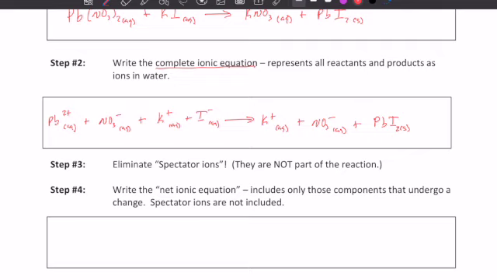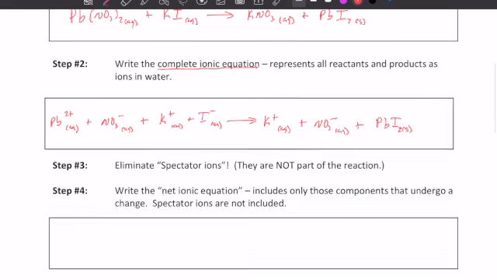So it says now we're going to write what we call the net ionic equation. It includes only those components that undergo a change. Spectator ions are not included. So really what we're interested in is just writing the equation that creates the only thing that actually changed, and that is our lead 2 iodide.